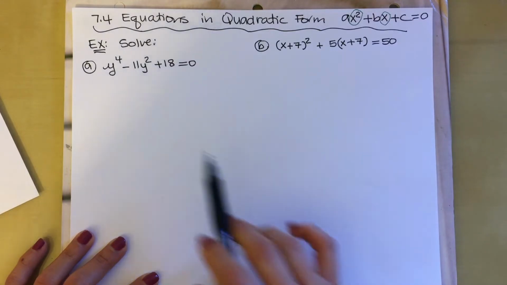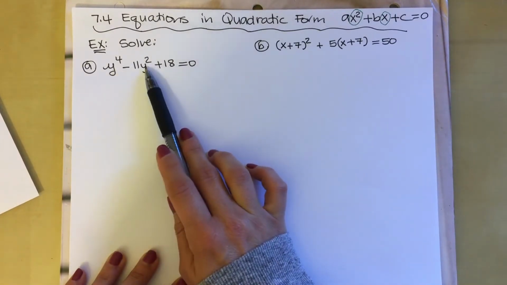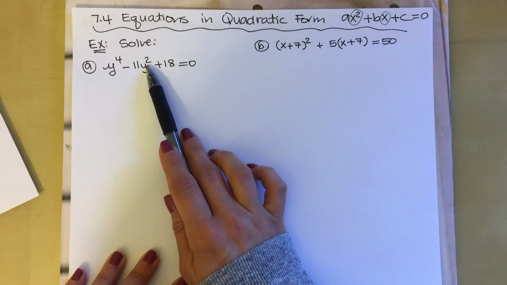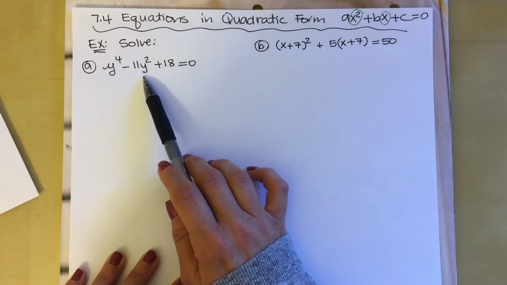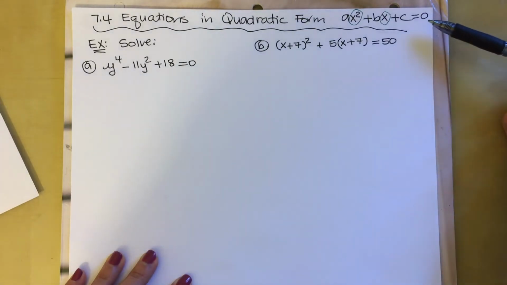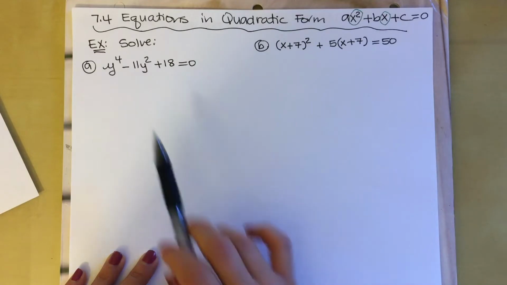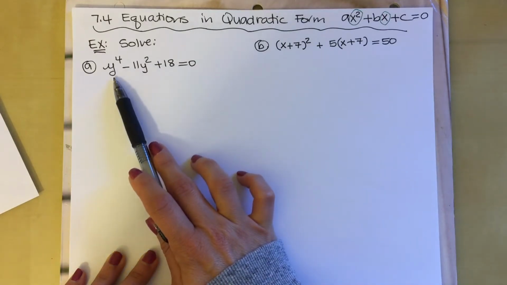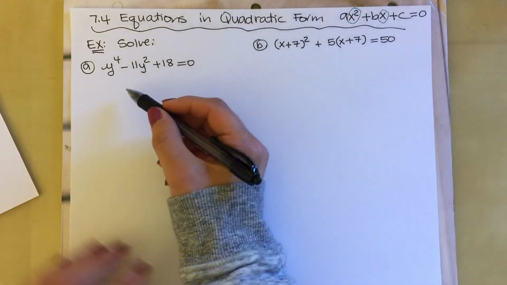So the first example has exponent 4 and exponent 2. So it doesn't really look like it's quadratic, but we can basically solve this equation the same way you would solve a quadratic. You can solve it by factoring. Instead of breaking down the first term using x times x, we're going to write y squared times y squared.